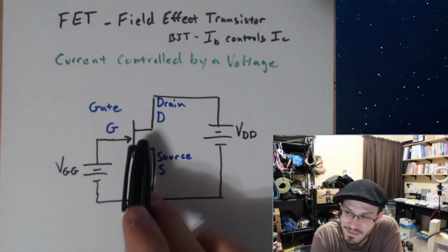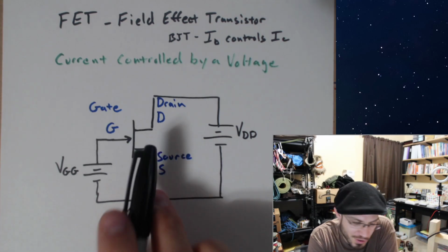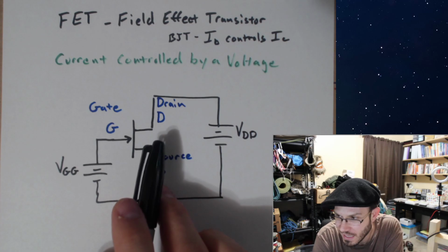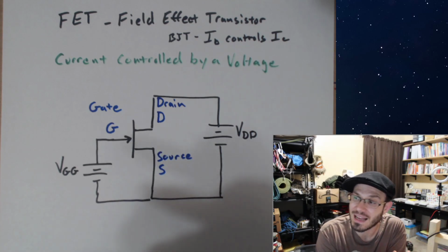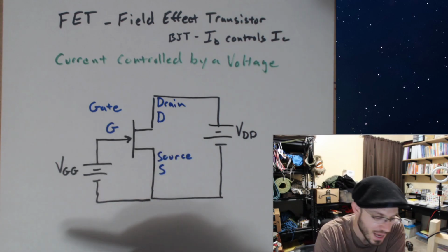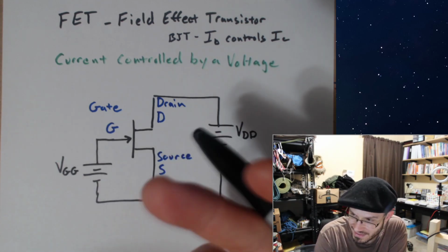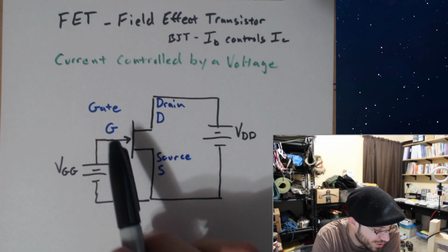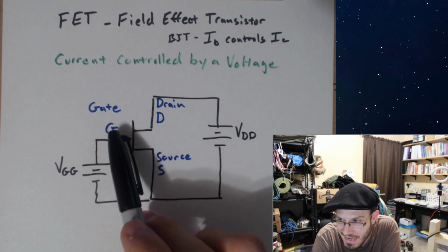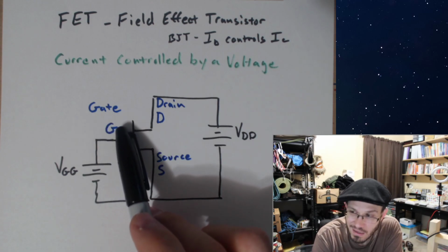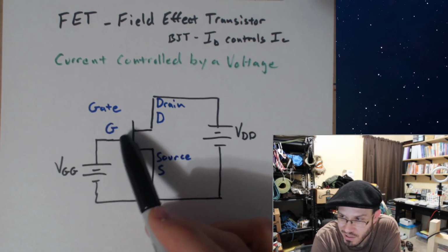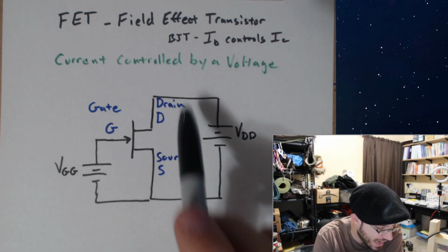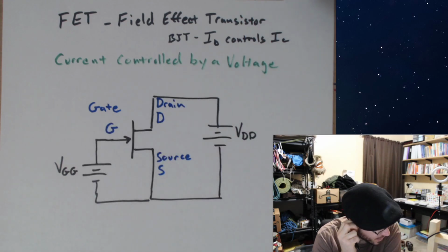Now, it's actually because of the construction. The construction of a FET is quite a bit different than the construction of a BJT, exactly how it sits on the silicon when you make it at the semiconductor level. So it doesn't make sense to have a base, but it does act like a gate, hence they have the gate. And if you're changing one name, you might as well change them all. So we get gate, drain, and source.